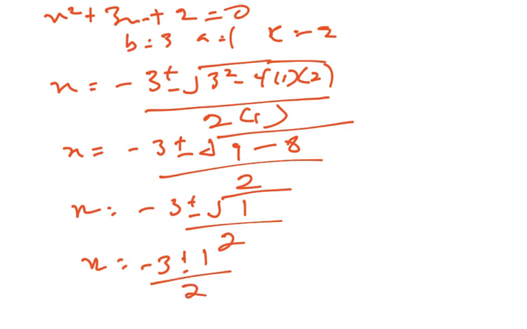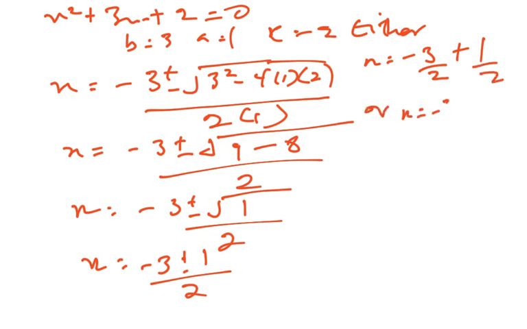When you separate it, we have either x equal to negative 3 over 2 plus 1 over 2, or x equal to negative 3 over 2 minus 1 over 2. So this is the answer that we get for this problem.